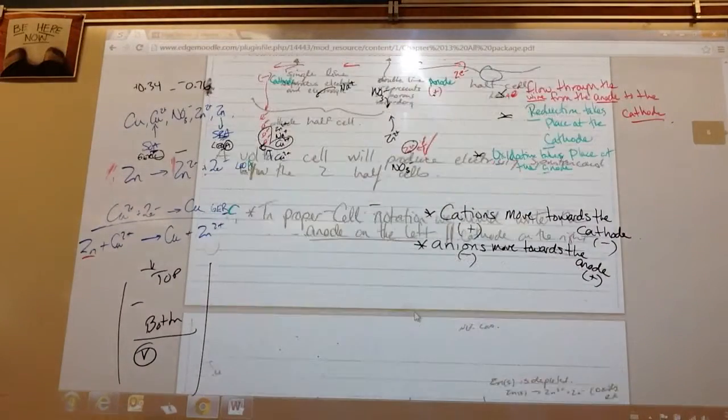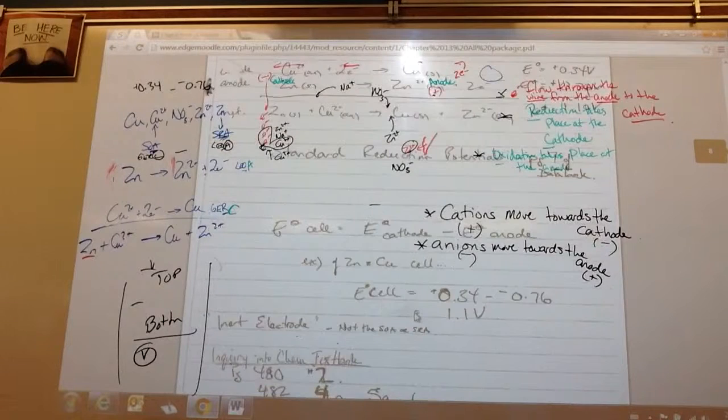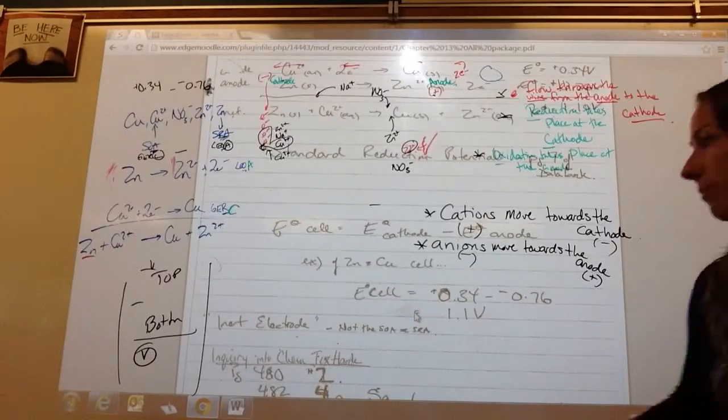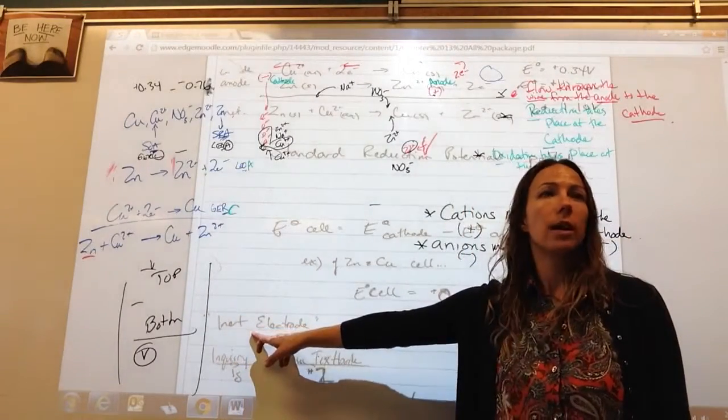So that was another loose end to tidy up. I think that was the last one. Oh, inert electrode. What does inert mean? This is the last loose end to tidy up, I promise. What's inert mean? Inert, I-N-E-R-T.